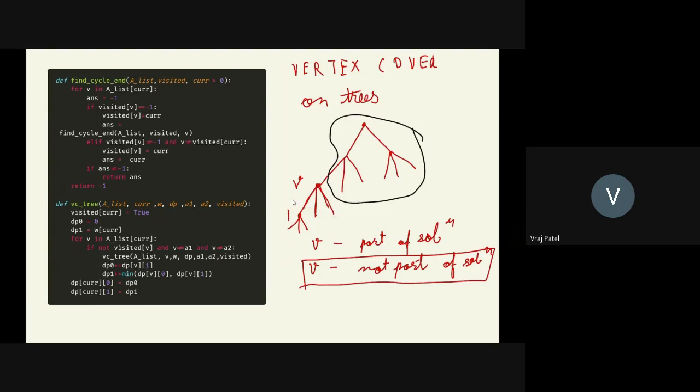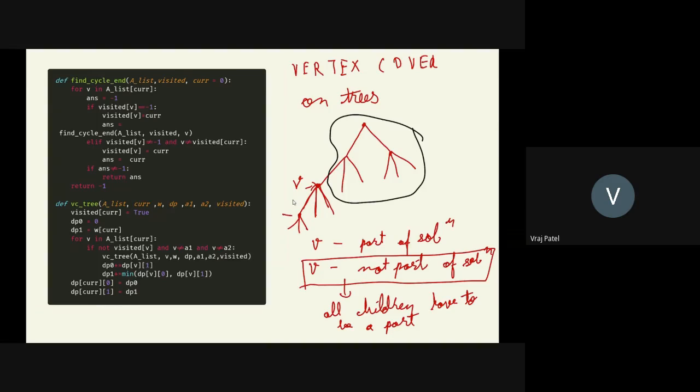So if V is not part of the solution, all children have to be a part. Why? Because otherwise you won't have a vertex cover. If this vertex is not part of the solution and this vertex is not part of the solution, then this edge remains uncovered.